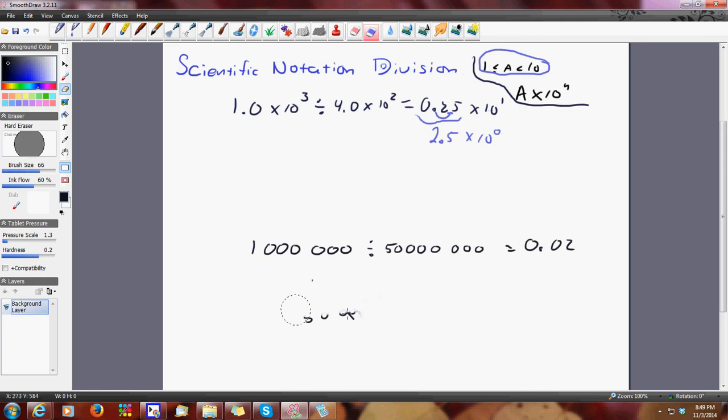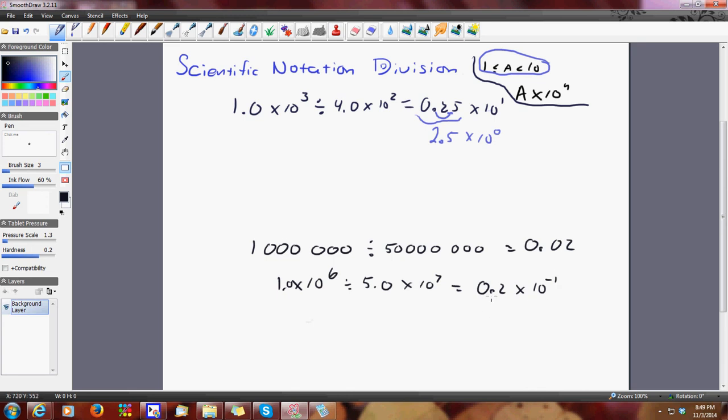So 1 million is really 1.0 times 10 to the 6, divided by 5.0 times 10 to the 7. And so I get 1 divided by 5 is 0.2 times 10 to the 6 minus 7, which is negative 1.